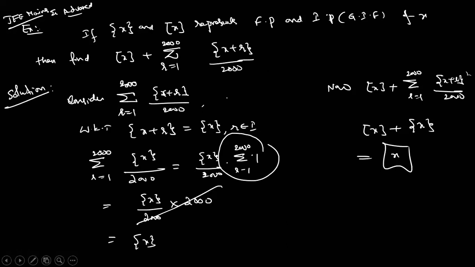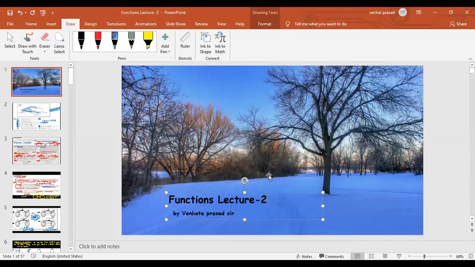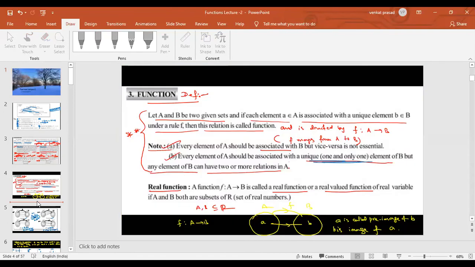I'm writing names. Raviteja is there. Okay, one. Dear students, see, just a minute. I'm adding some points. Just a minute.